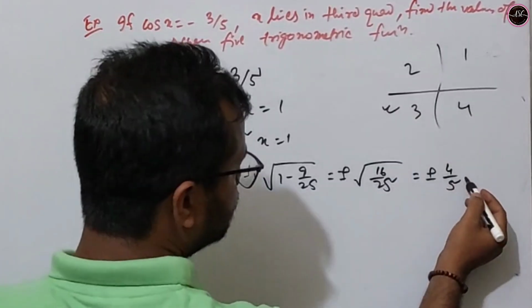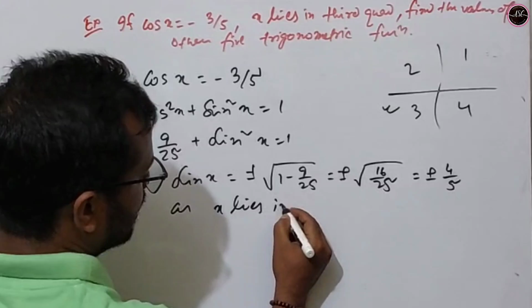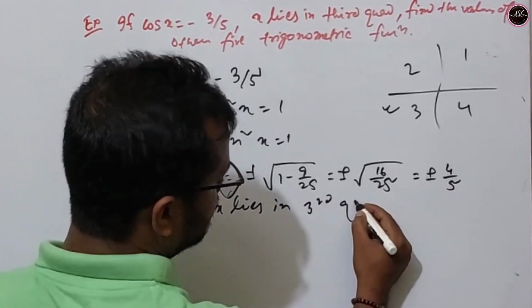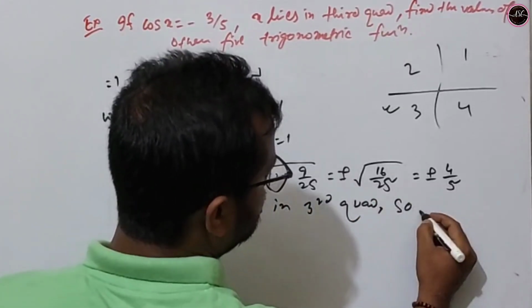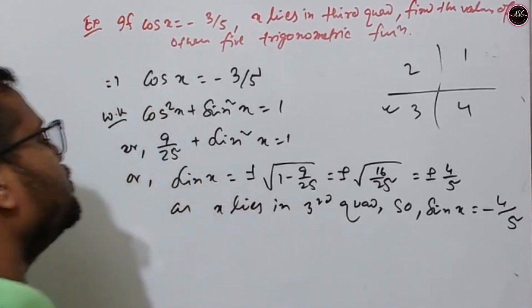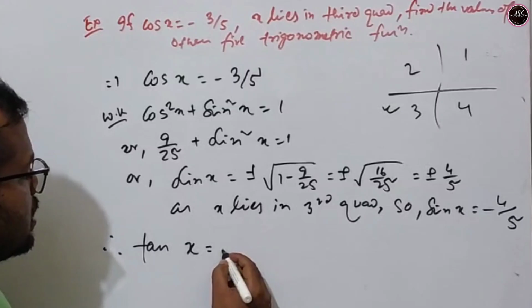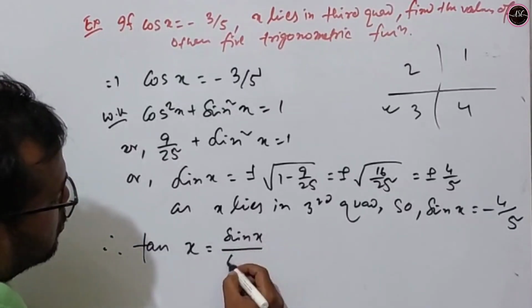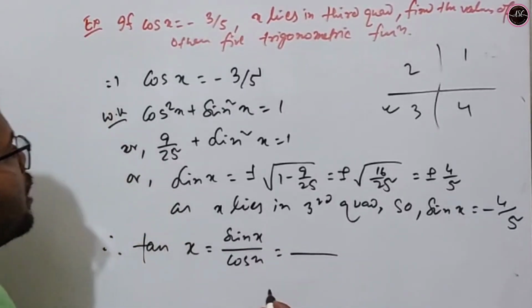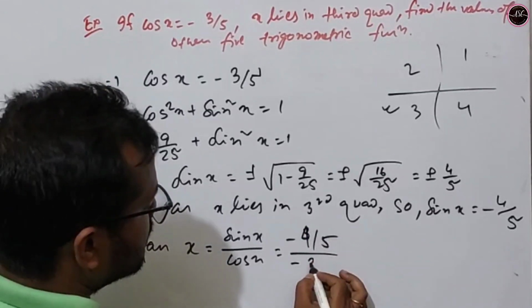So as x lies in the third quadrant, sin x equal to minus 4 by 5. Okay, so therefore tan x equal to sin x by cos x, we know. Just putting the value we get 4 by 5, and this is 3 by 5.